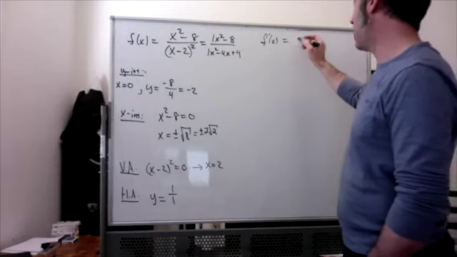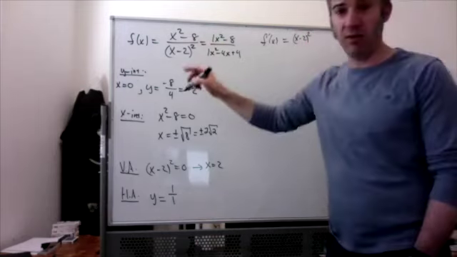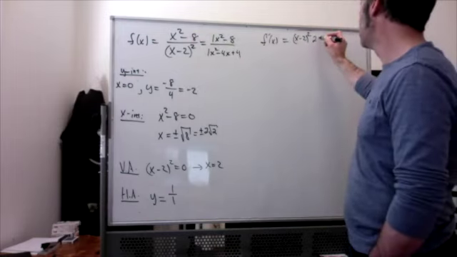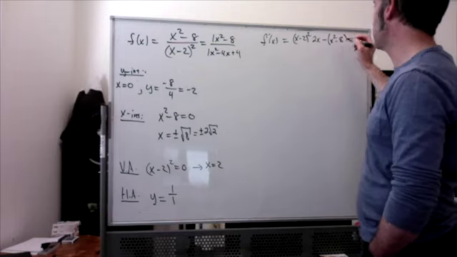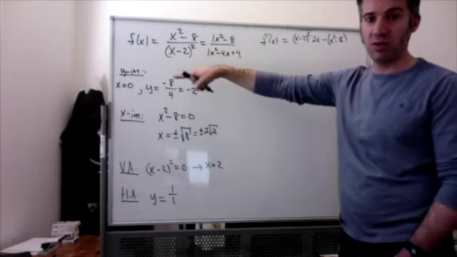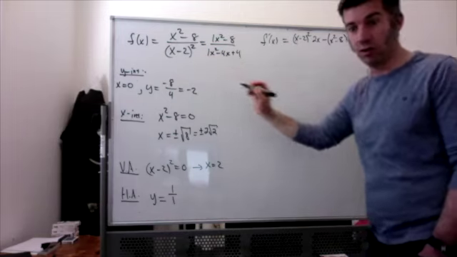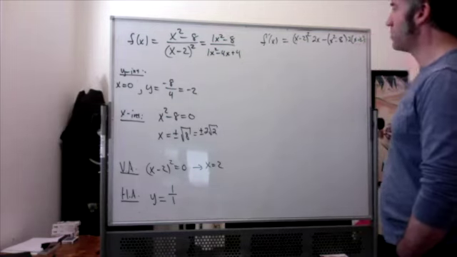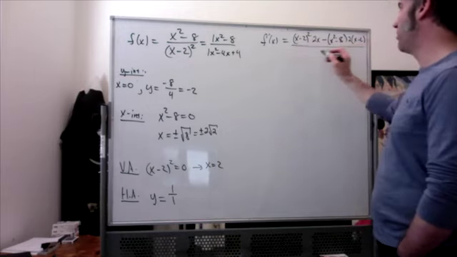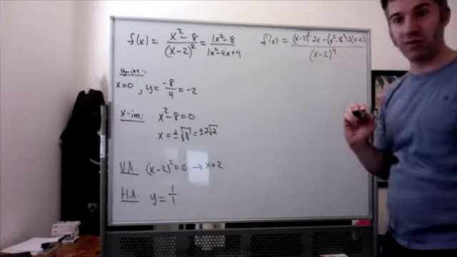So let's find the first derivative. It's going to be the bottom times the derivative of the top, which is 2x, minus the top, which is x squared minus 8, times the derivative of the bottom, which is 2 times (x minus 2) to the first, times the derivative of the inside, which is 1. So it's just 2 times (x minus 2) times 1, all divided by ((x minus 2) squared) squared, (x minus 2) to the fourth.